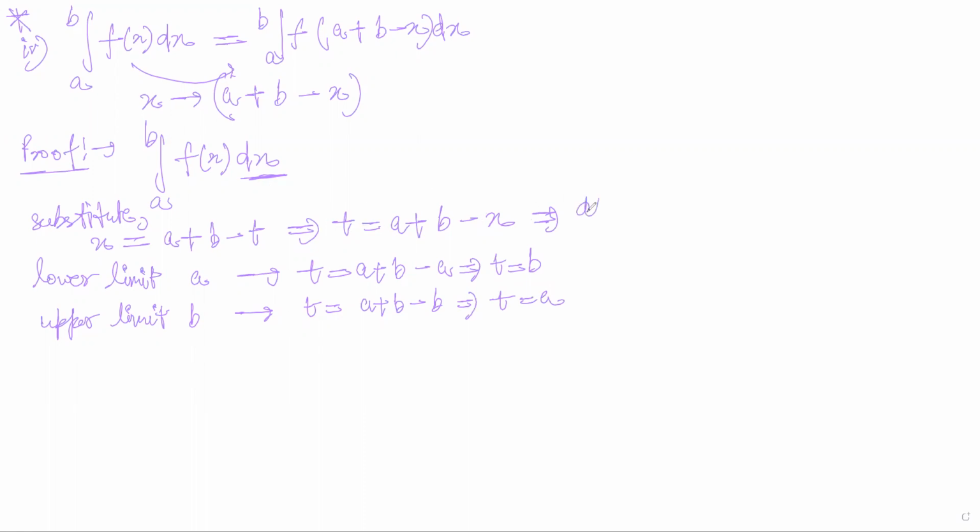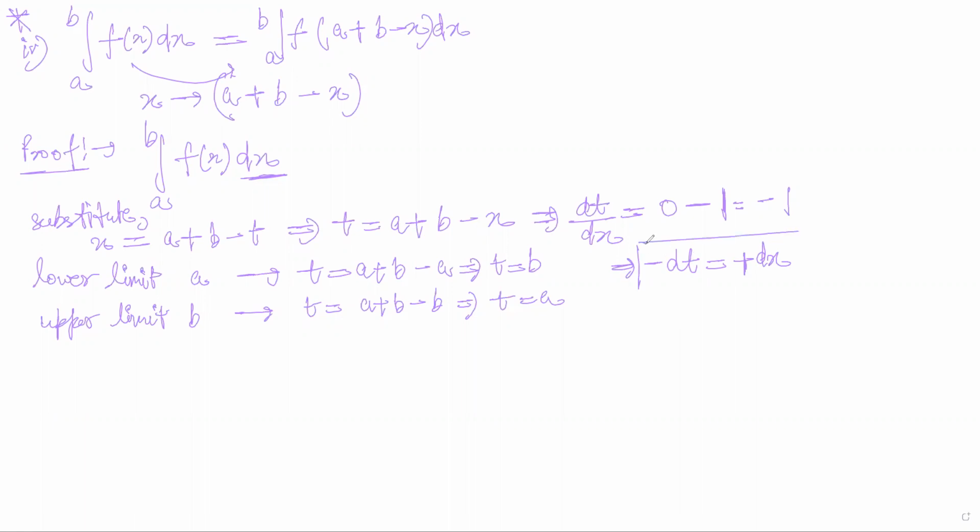So this will become dt by dx, because t is a variable. A and b were constants, but t is a variable. A and b are constants, so the derivative would be 0, minus the derivative of x, which is 1. So 0 minus 1 is minus 1, right? So hence dt is minus dx, or dx is minus dt.